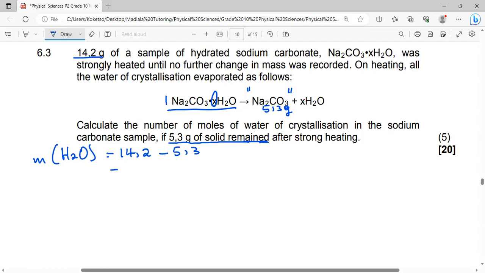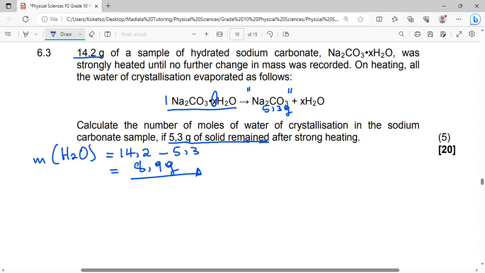So the mass of the entire compound minus the mass of sodium carbonate, the remaining mass will give us the mass of water. So it means the mass of water is just going to be 8.9 grams, like that.